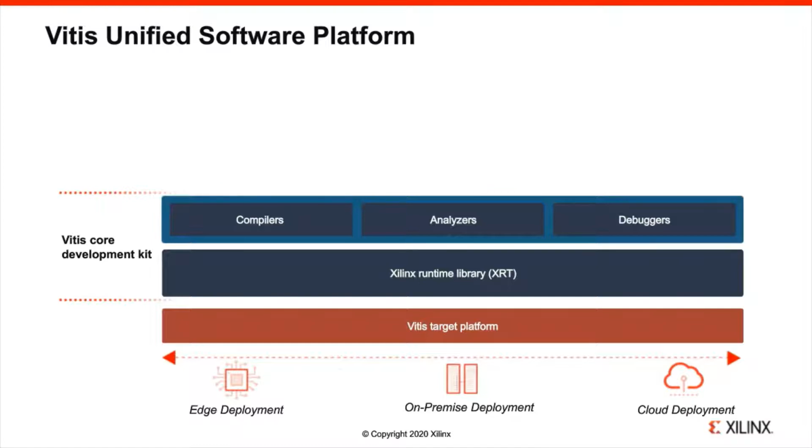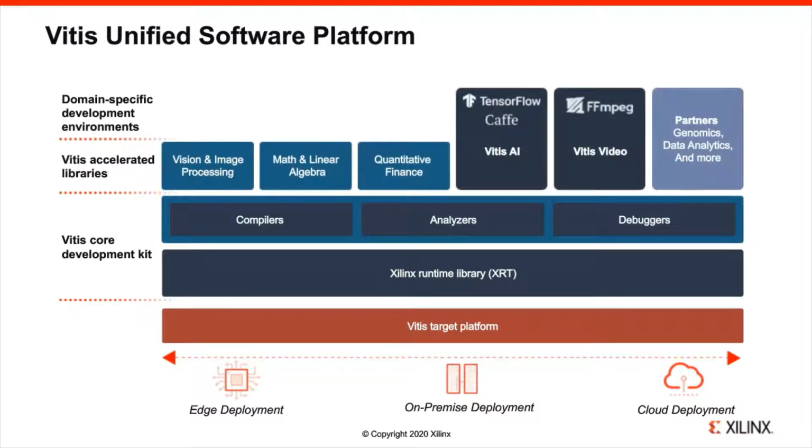The core development kit is really what compiles and builds out the FPGA binary. Now under the hood, it invokes Vivado implementation tools, but to a user, it offers a familiar CPU and GPU-like development experience. Now tools, while absolutely necessary, aren't enough.